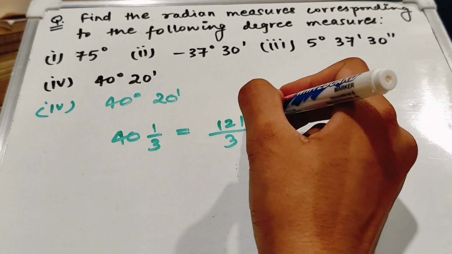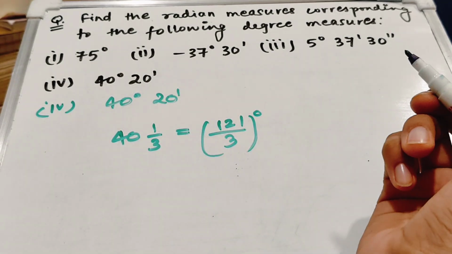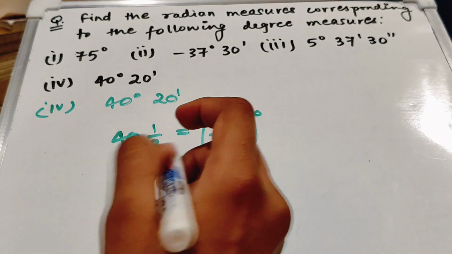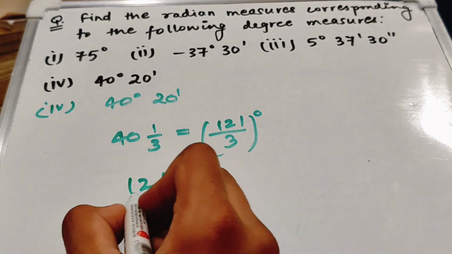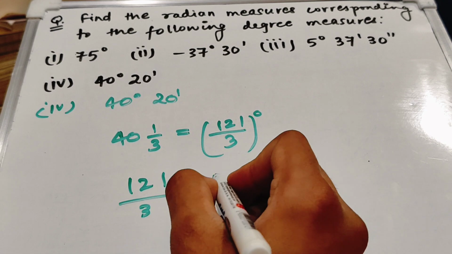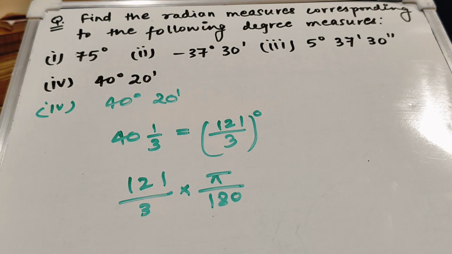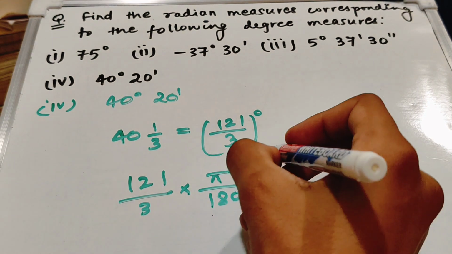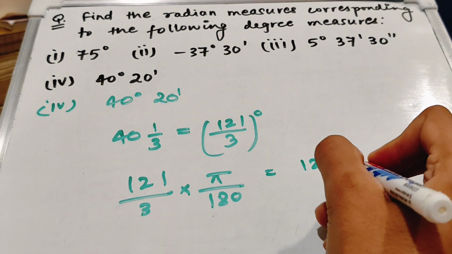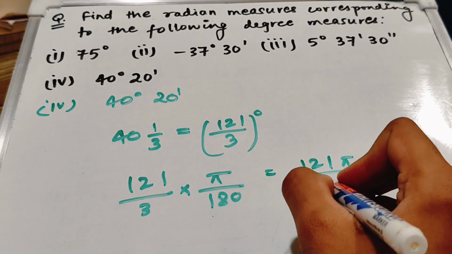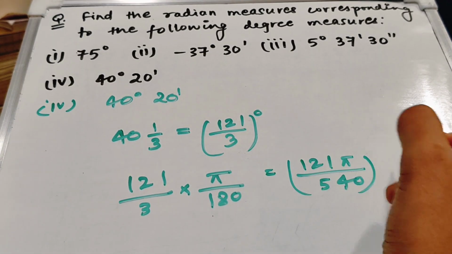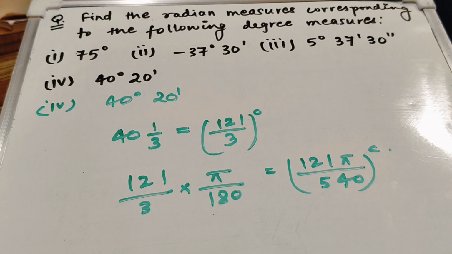So that's it, simple. Now I have this complete value in degree. So now I will multiply this value with pi by 180 to get it in radians. So this will be 121 pi upon 540 radians, right? Simple. Now we are done with the second question as well.